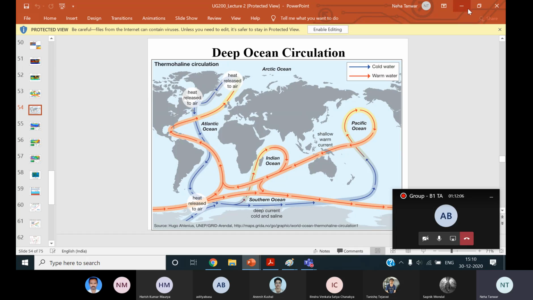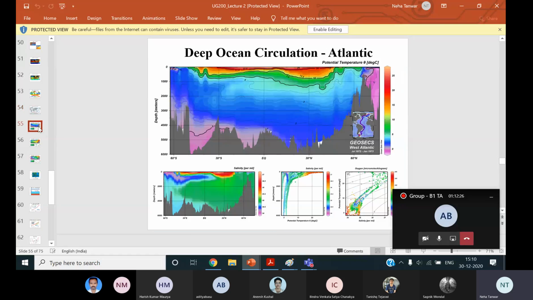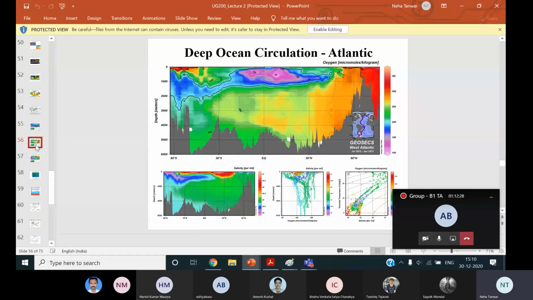So it's very slow, but how do we understand the deep ocean flow? The pattern of the circulation. How do we get to know that? It's through the properties of the deep water mass, like salinity, nutrients, and temperature.